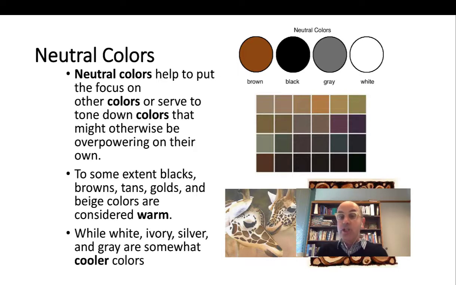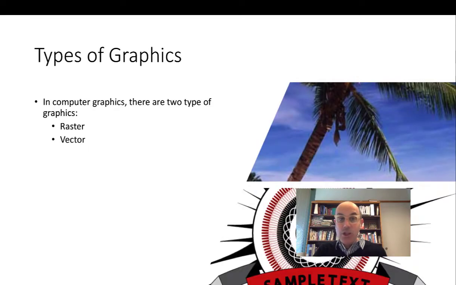It usually consists of brown, black, gray, and white, and some people like to use it. Back to our subject. In computer graphics, we usually talk about two types of graphics, vector versus raster.